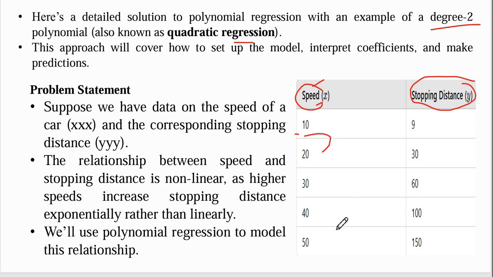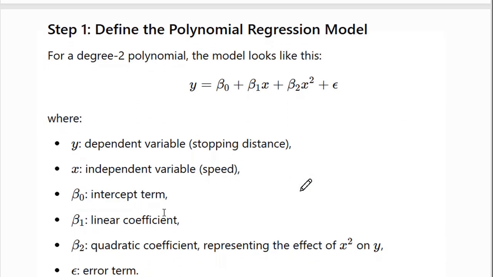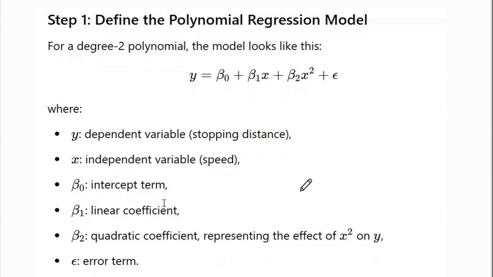Now how do we apply the polynomial equation with degree 2? Here we have only one independent variable. First we define the model, or write the equation, based on the data set.